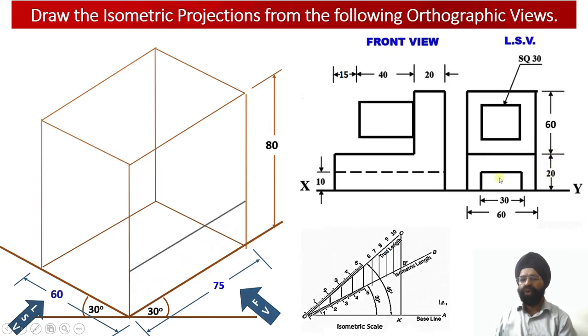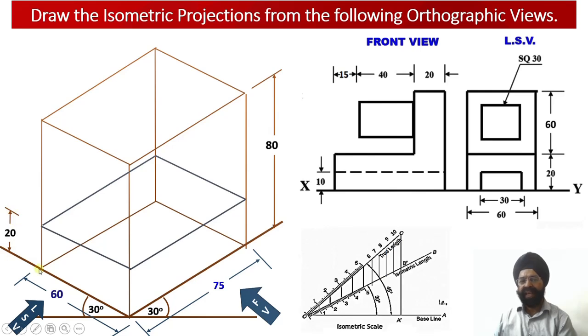So I am going to draw a ring over here at a height of 20 millimeter from the base. This ring will become my guidance vector to determine this horizontal web over here, right? So with the construction of this ring, I am able to obtain this horizontal web, that is the element number 1. Now having obtained this horizontal web, I am going to move to element number 2.